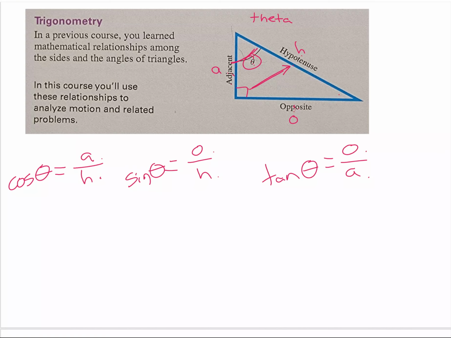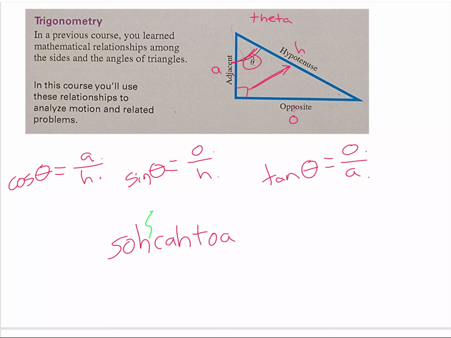Now, if you can't quite remember these off the top of your head, then there is a little helpful mnemonic that we use, and that is SOHCAHTOA. SOHCAHTOA is simply the abbreviation of the first letter of each of these things.